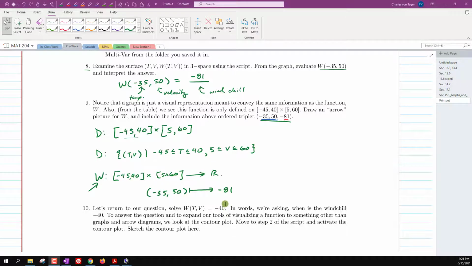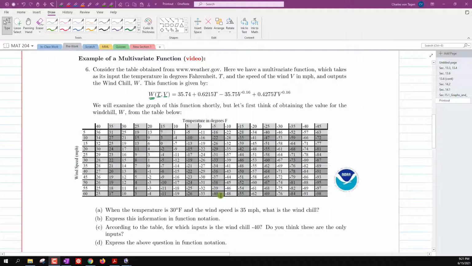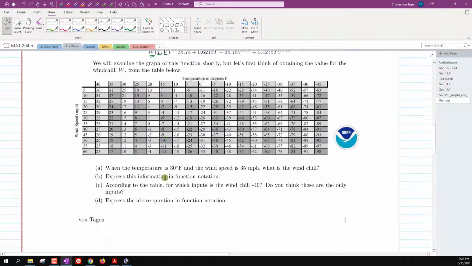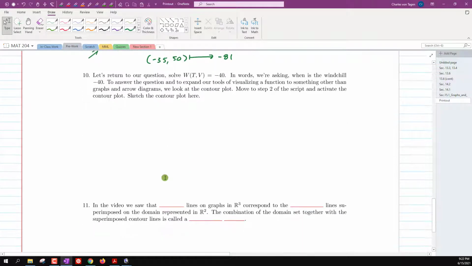And if you remember, back up here there were two ordered pairs, this ordered pair and this ordered pair on the table, that outputted a wind chill of minus 40. But the question asked, do we think that there will be others? And hopefully you said, yeah. I suspect that there are other inputs that would also output a wind chill of minus 40. To help us see that and to introduce this topic, we're going to look at something called a contour plot.